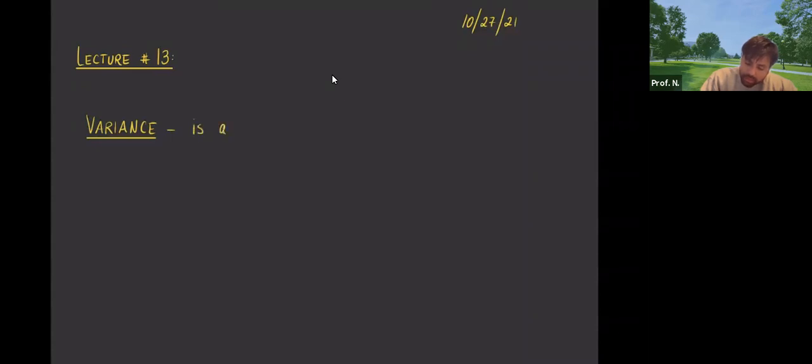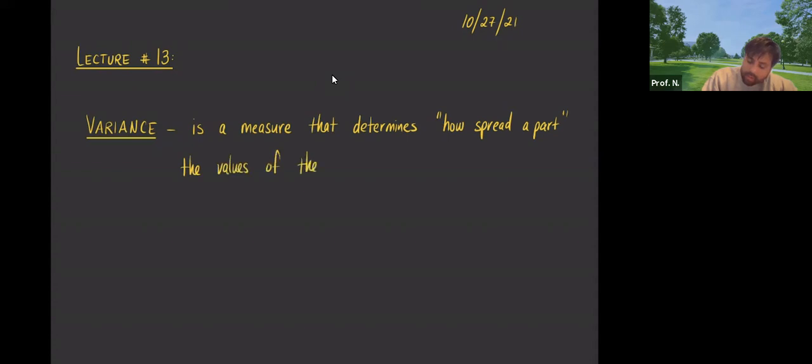Variance is a measure that determines, quote unquote, how spread apart the values of the random variable are.